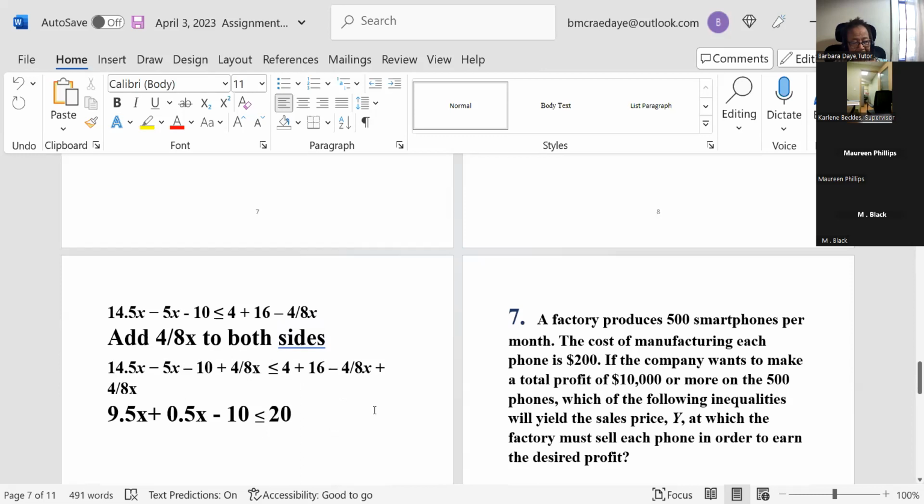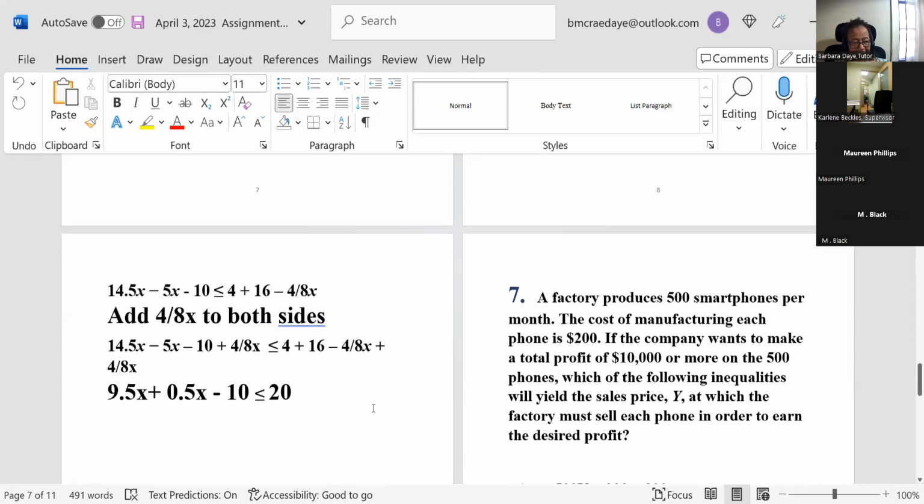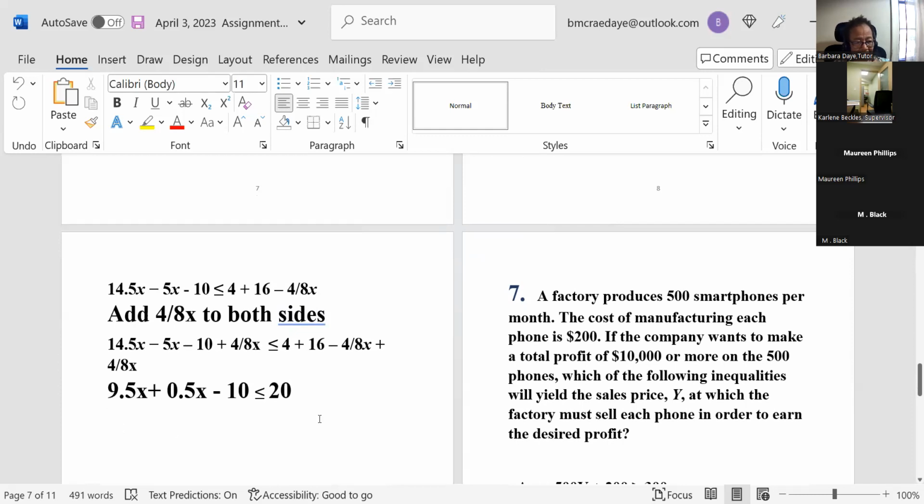Got it? Now, I'm still not sure about one little part. Okay, Mercedes, I don't want to leave it if you've got a question. Whenever you put the 4/8x underneath the numbers we're going to take away, I understand it better.